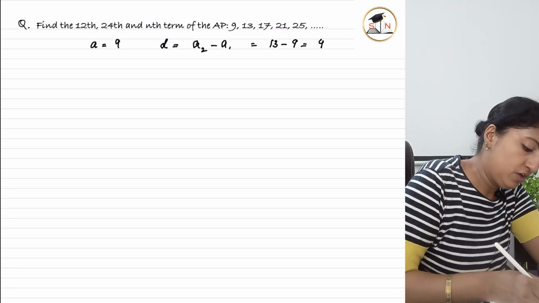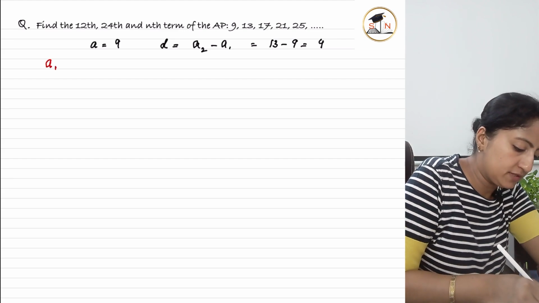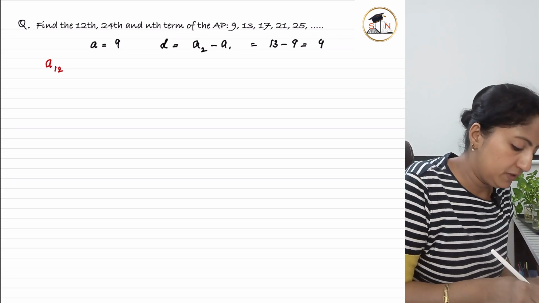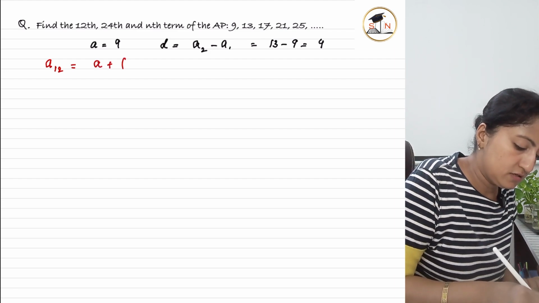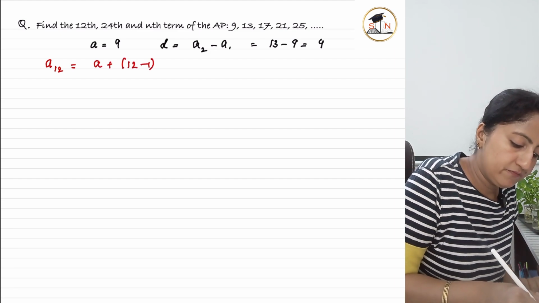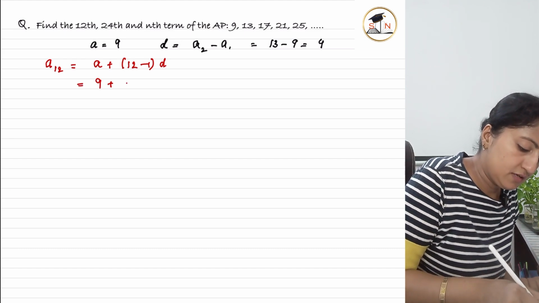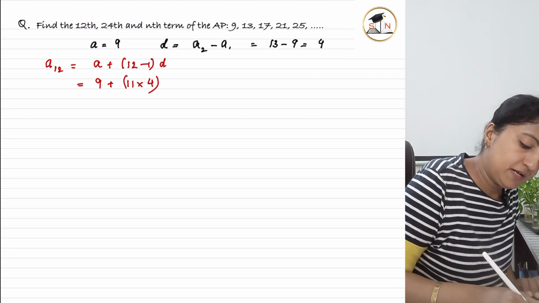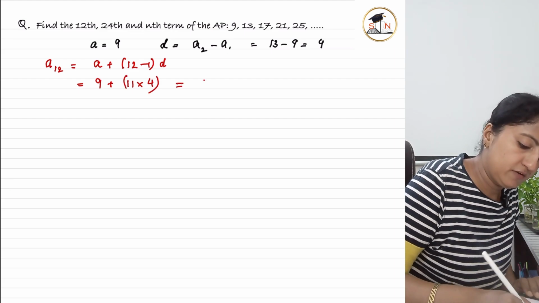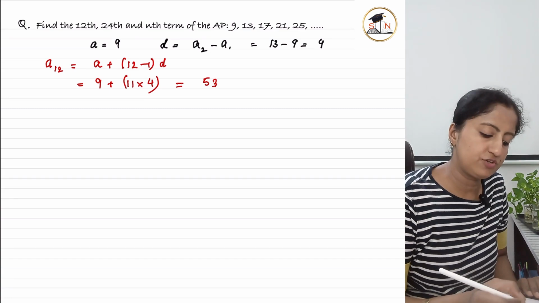Now we need to find the 12th term. So let's start with that. a_12 comes out to be a plus (12 minus 1)d, which is 9 plus 11 times 4. So 9 plus 44 comes out to be 53, and that means the 12th term is 53 for this AP.